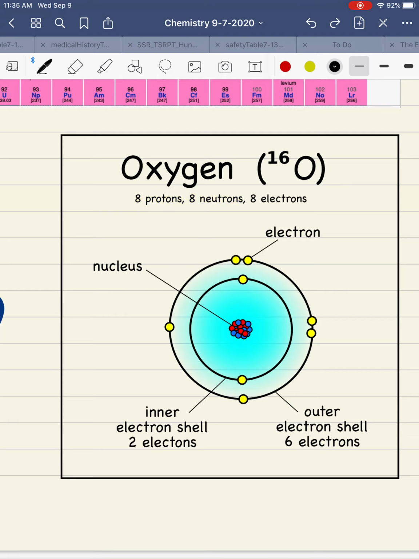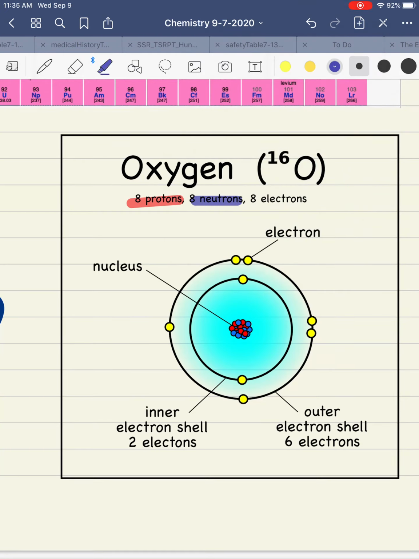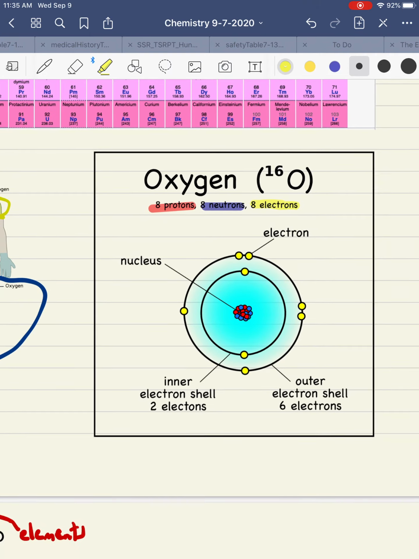Let me actually highlight it a different color so it's nicely coded for you. Protons and neutrons, they are part of the nucleus. And the electrons are rotating. They're all on the outside, on the ring structure.